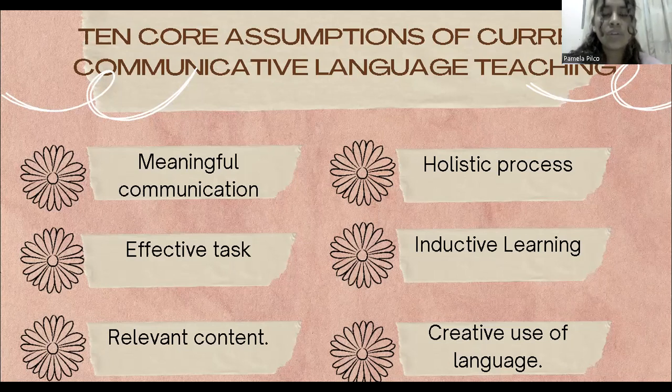I mean, we need to correct them, but knowing the right moment, because otherwise they will feel that everything they say is going to be bad. So if we correct after his participation, it is okay, because with this we're going to help him improve his accuracy and fluency in the language.